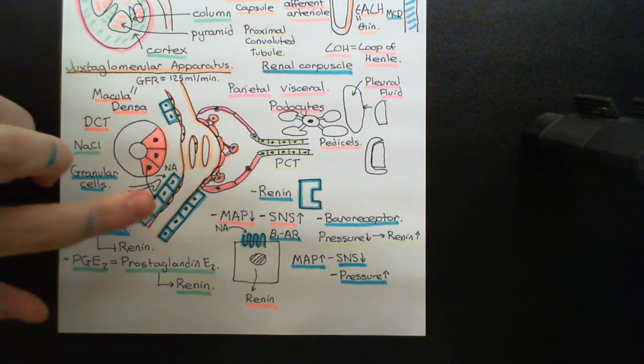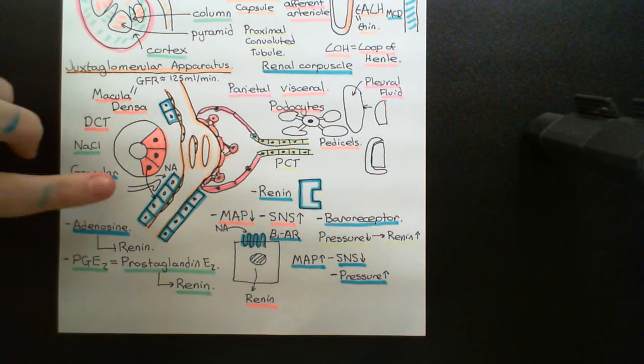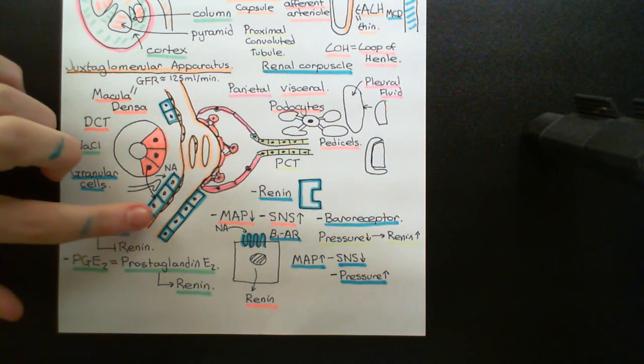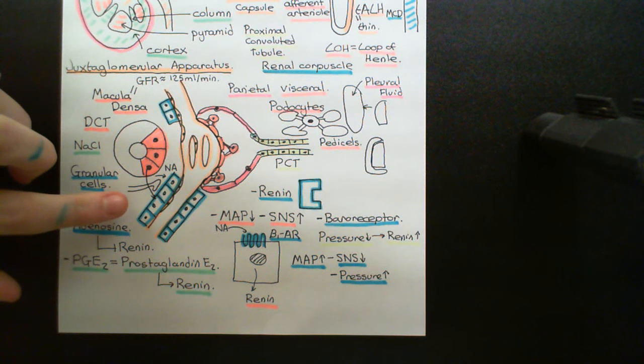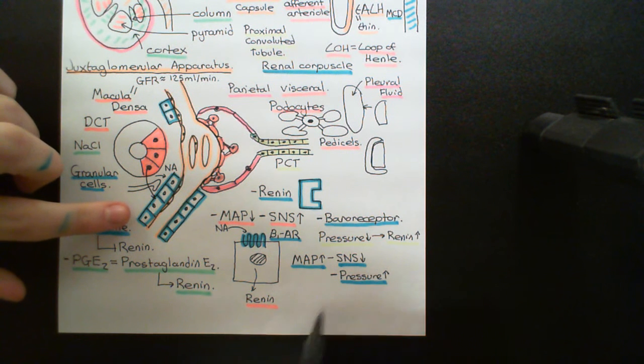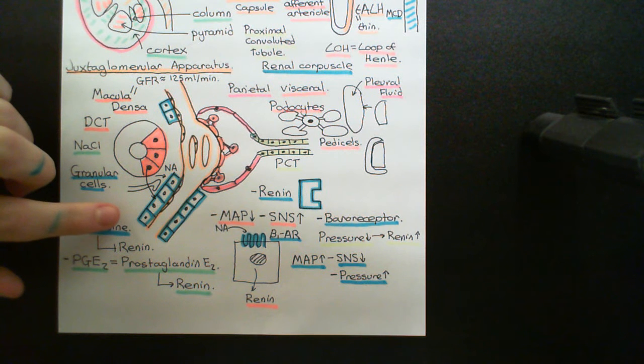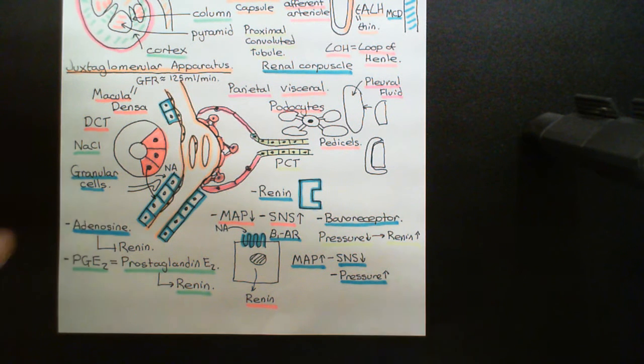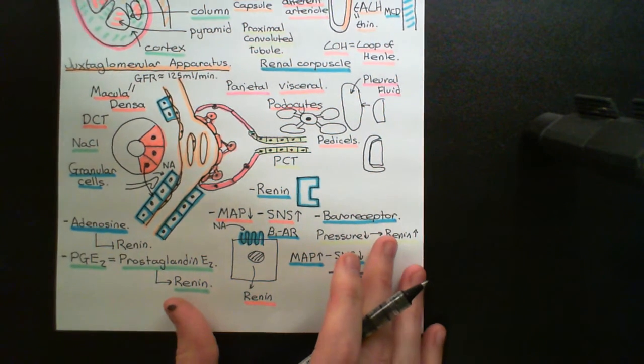And we've seen how a decrease in mean arterial pressure is going to lead to increased renin release above the basal level, whilst an increase in mean arterial pressure is going to lead to a decrease in renin release below the normal basal level. Okay, so now what we want to see is what is renin actually going to do.